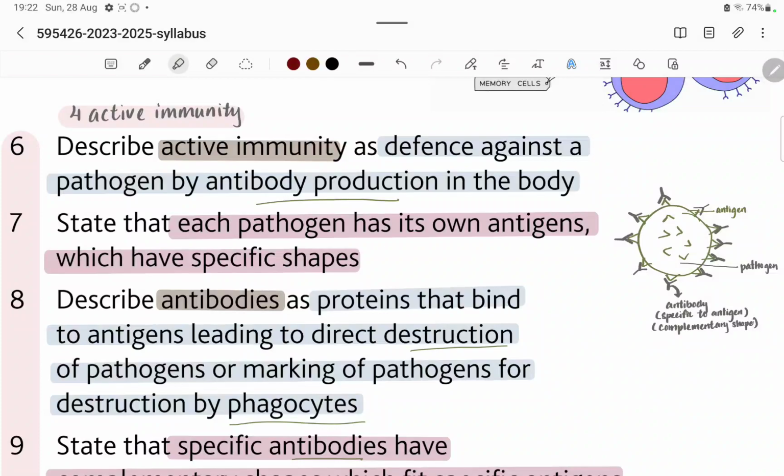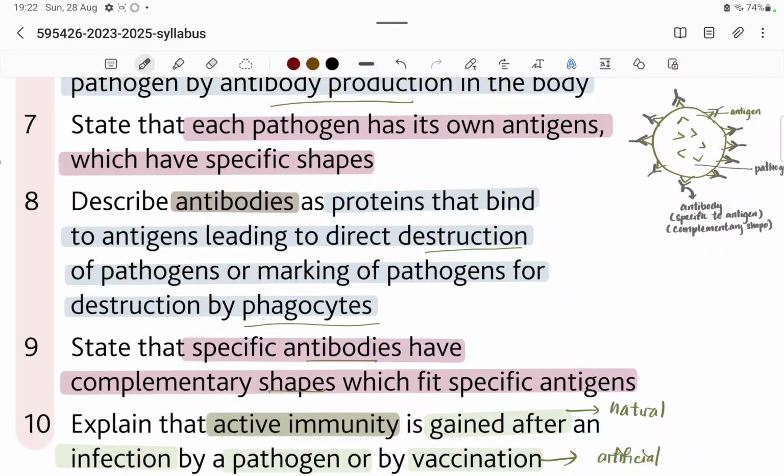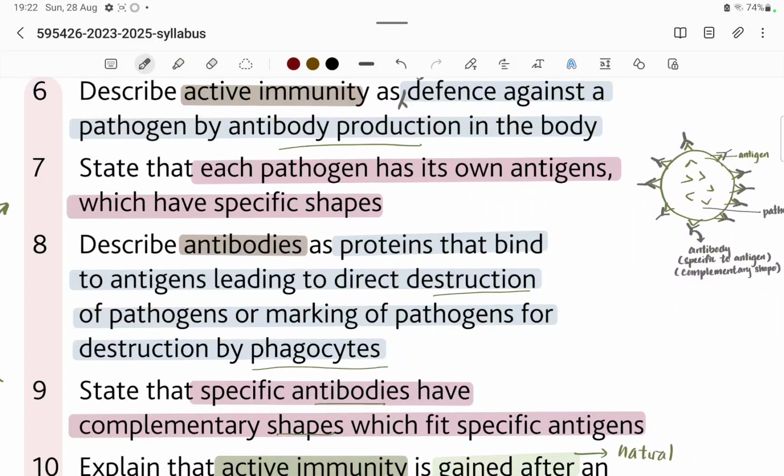So this one you have to write: long-term defense against the pathogens by antibody production in the body. And each pathogen has its own antigens, which have specific shape.